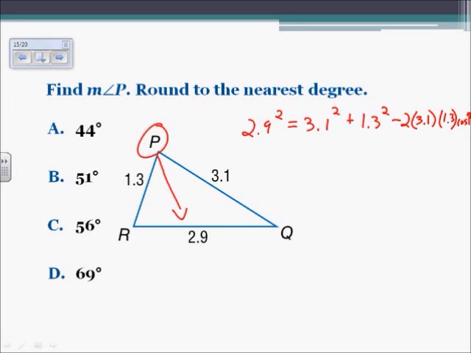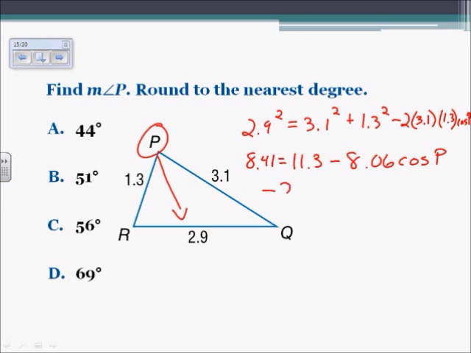Simplifying then, 2.9 squared will be 8.41. So I have 8.41 is equal to 3.1 squared plus 1.3 squared, which is 11.3, minus 2 times 3.1 times 1.3, which will be 8.06, and then cosine of P. I will subtract 11.3 on both sides, so I have 8.41 minus 11.3.